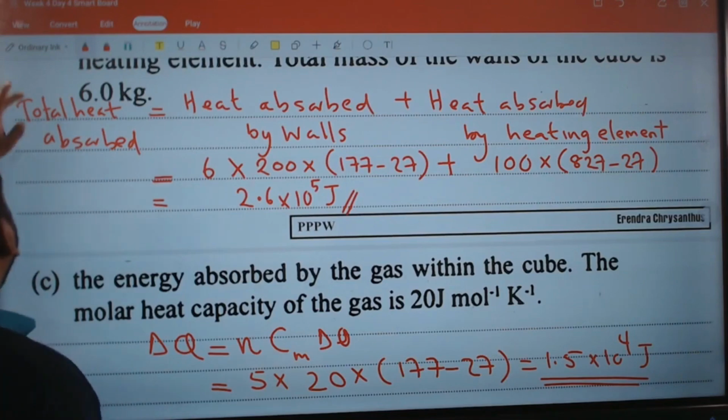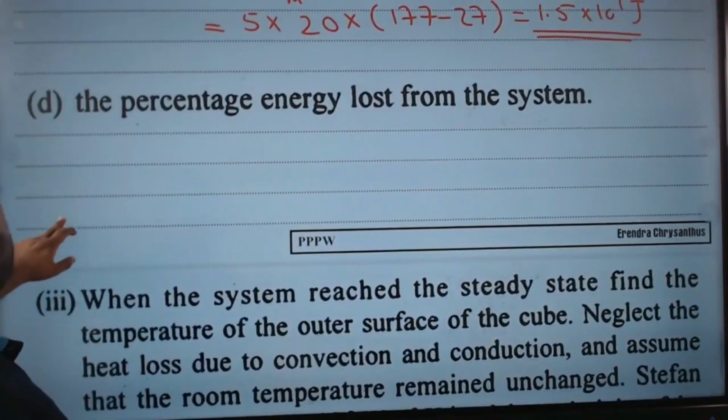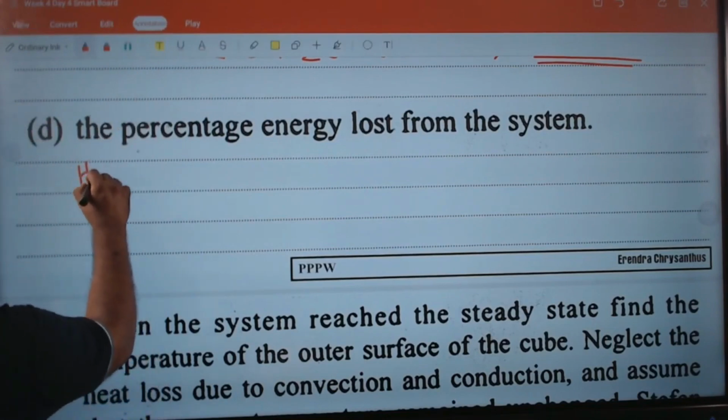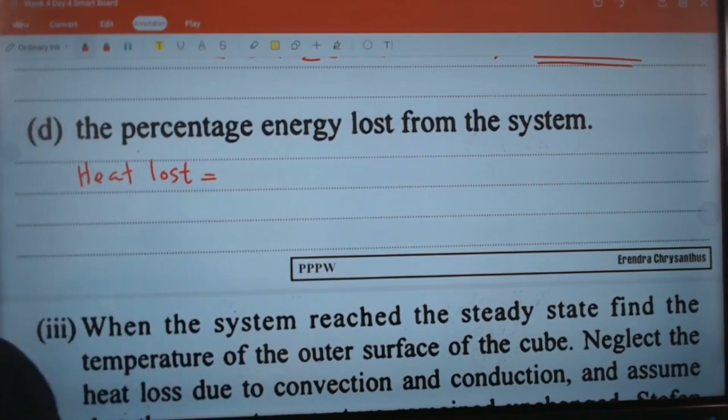Simple work. Percentage heat loss from the system. So heat loss is heat given minus heat absorbed.